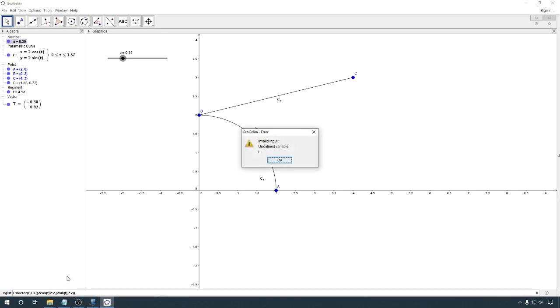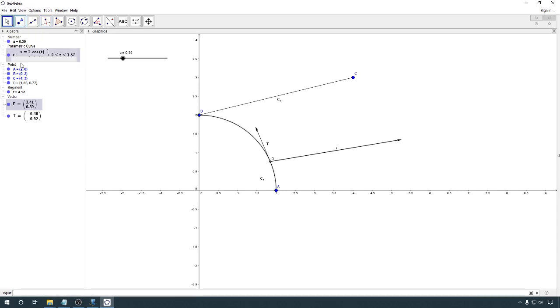Oh, sorry, not in terms of t. In terms of my slider variable a. So we have this vector that's sticking out over here. And as we move around, you might notice something kind of interesting.